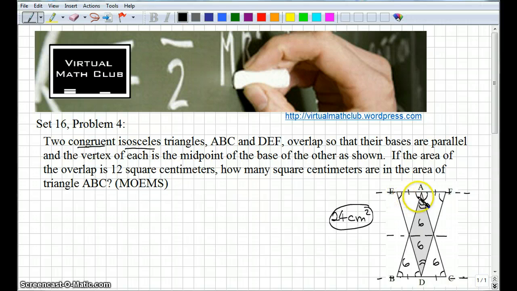And then we have a little theorem called the angle-side-angle theorem, which says that if you have 2 angles that are the same and the side between them is the same, then those triangles are congruent. They often call it ASA, angle side angle.